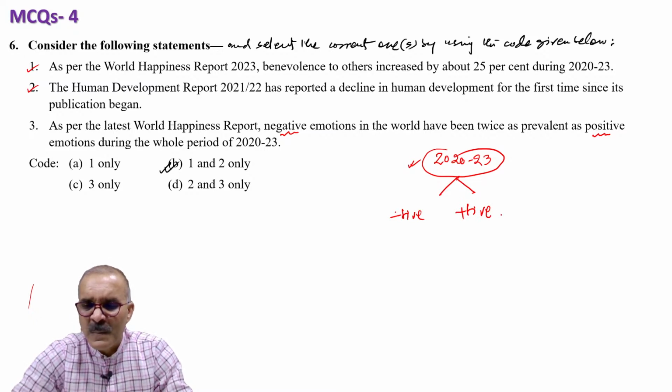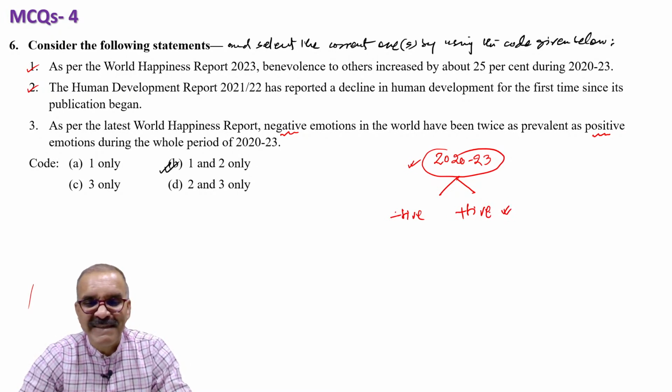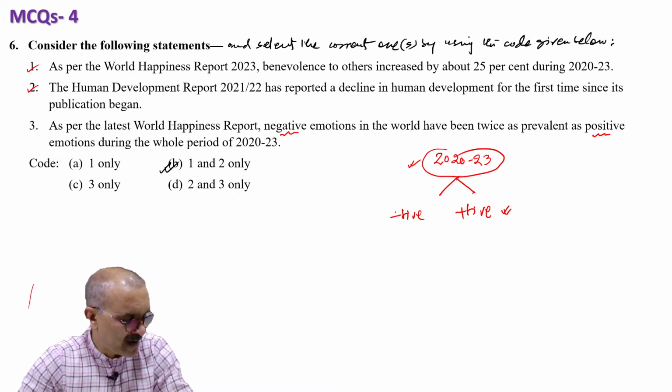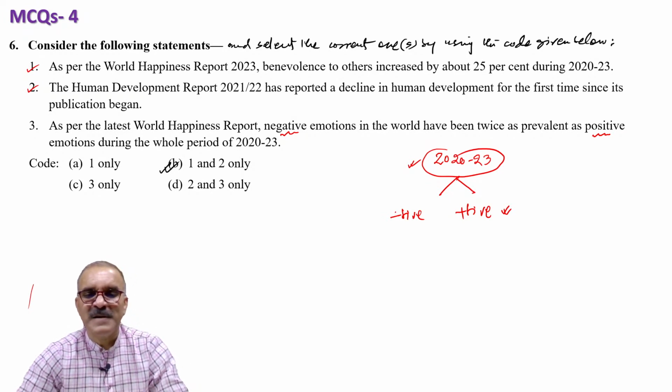Surprisingly, positive emotions were double than the negative emotions. Normally, we think that due to fear of uncertainty related to life and fear of death, negative emotions should be on higher side and positive should be on lower side. That is not the case. Surprising fact. Negative emotions were twice lower than positive emotions.